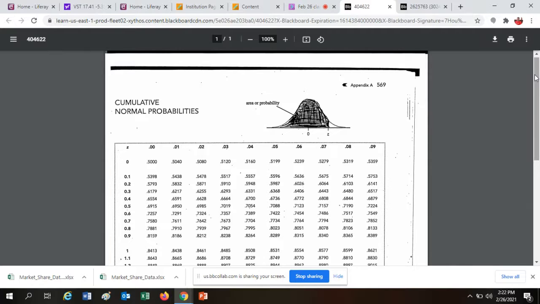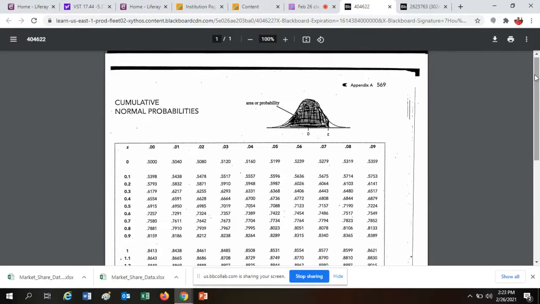But before I walk you through it, let me point out that every stats textbook has a normal table in the back of it. Furthermore, you can get the normal table on the internet all over the place, right? All you have to do is Google standard normal table, and you're going to get thousands of sites that you can get the standard normal table at.